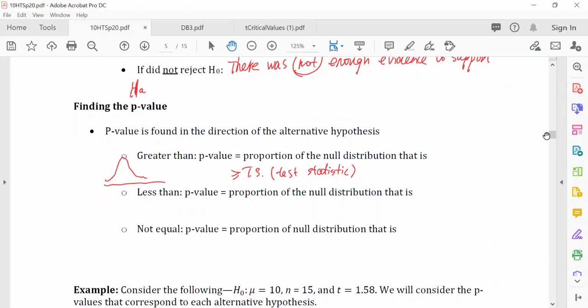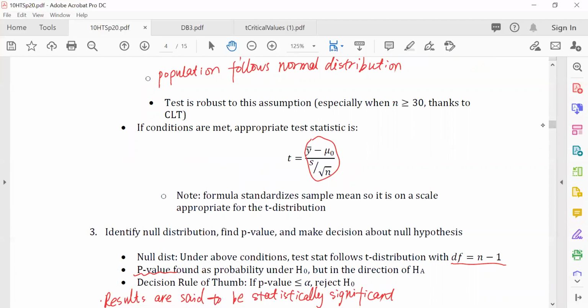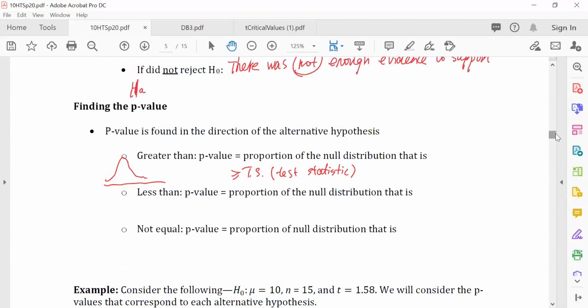We could calculate a test statistic based on the value that is given to us, right? So based on the sample, we could calculate our test statistic using this formula. Now suppose this is where your test statistic is.